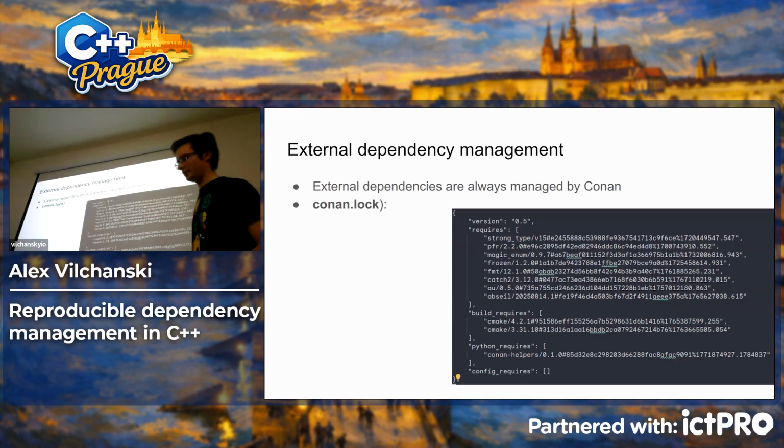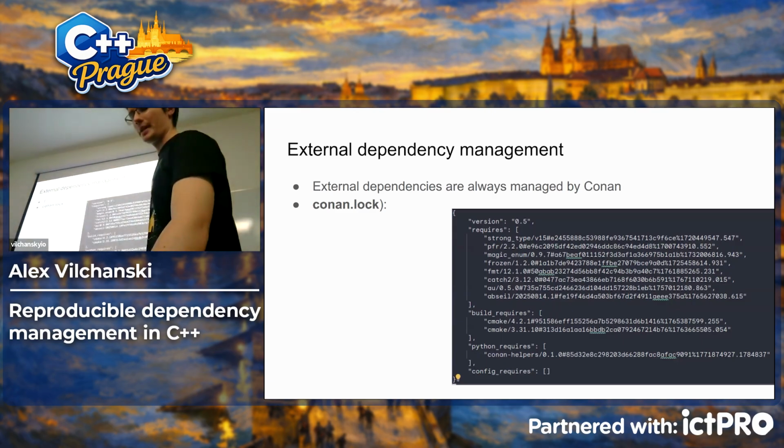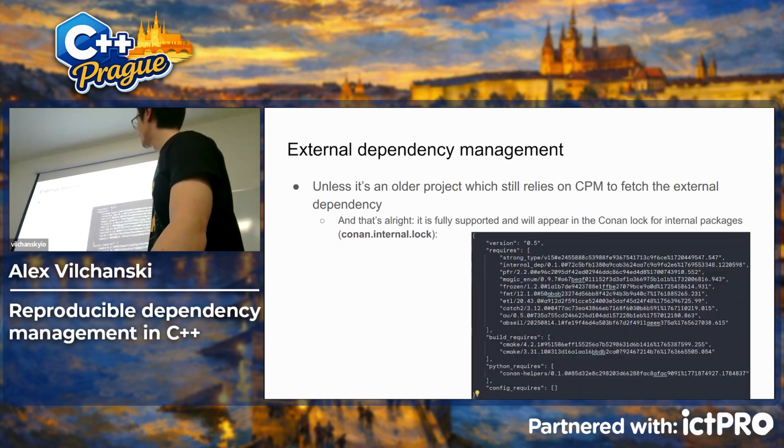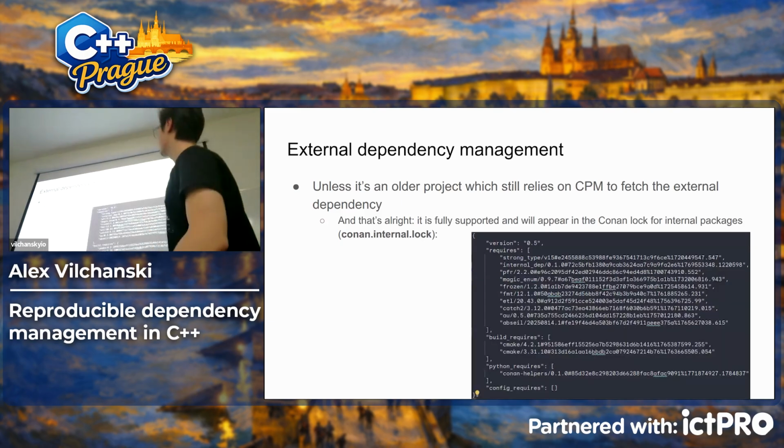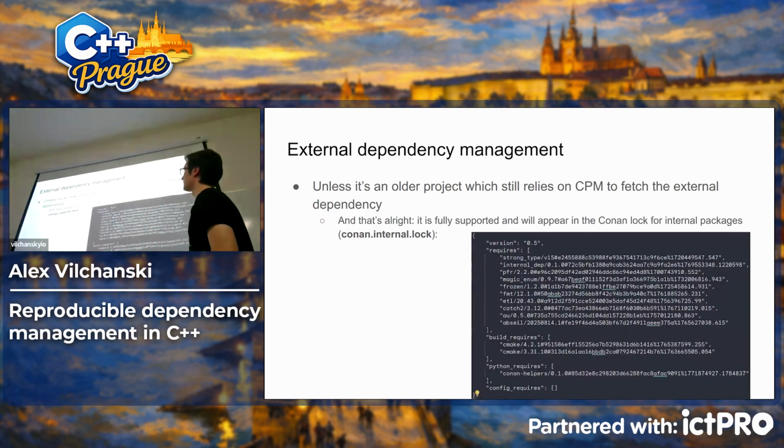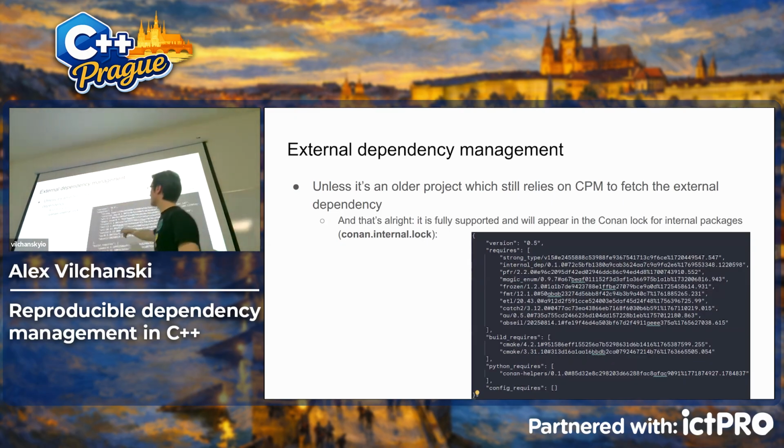here's just a list of some requirements as opposed to this list of requirements, where you can see that this is based on some conan.internal.lock, and it lists some internal dependency here, which depends on ETL, so ETL is also listed now.